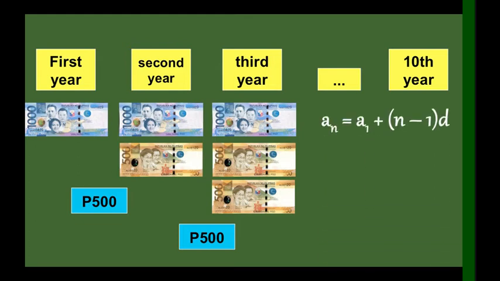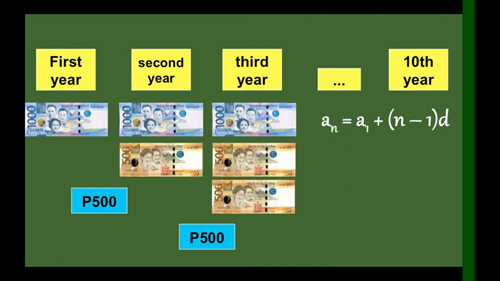So we will use the formula since we are looking for the nth term. We will use the formula for the arithmetic sequence: a sub n equals a sub 1 plus quantity n minus 1 times d. Why do we use this formula? Because as we look at the gap, their gap is 500. It means we are just adding 500.